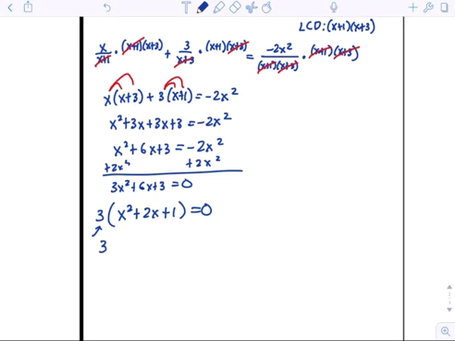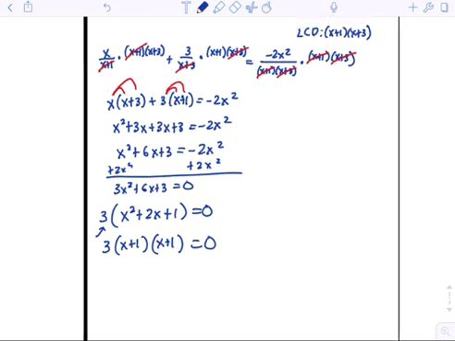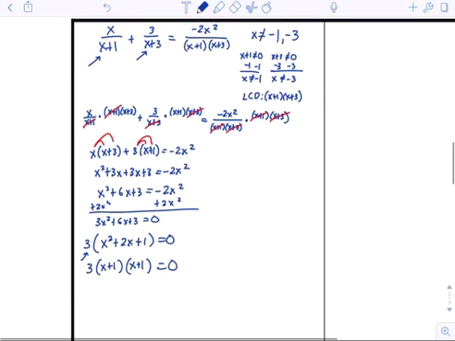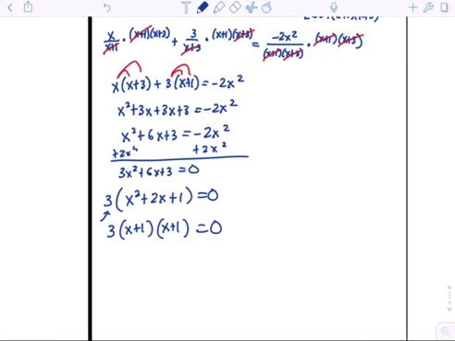So 3, x and x. What two things multiply to 1, but to add together gives you 2? Well, x plus 1 and x plus 1. So our answer for this one is going to be x is going to equal to negative 1.